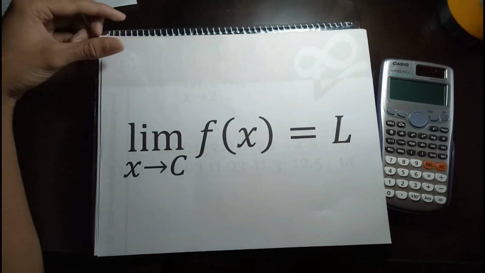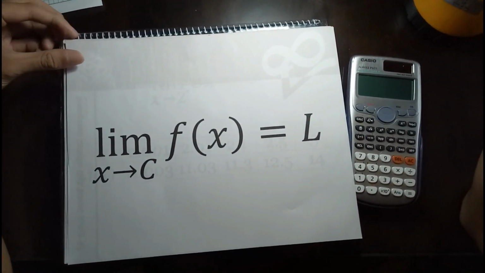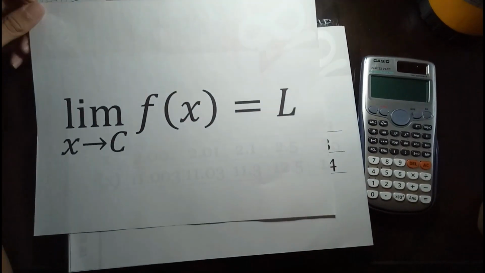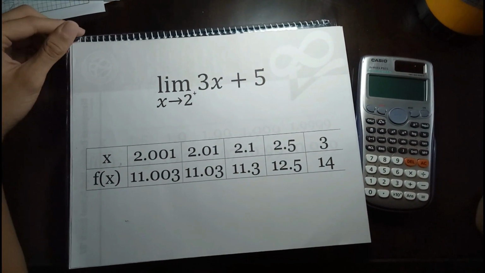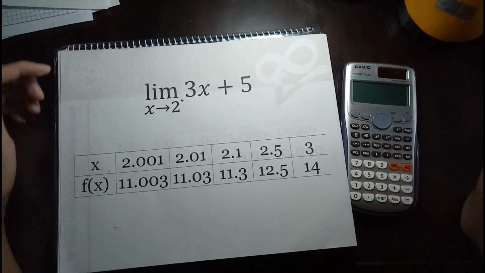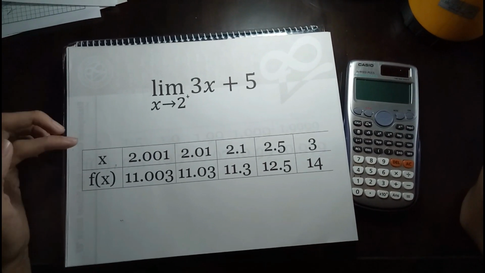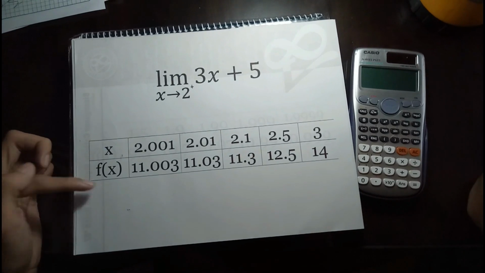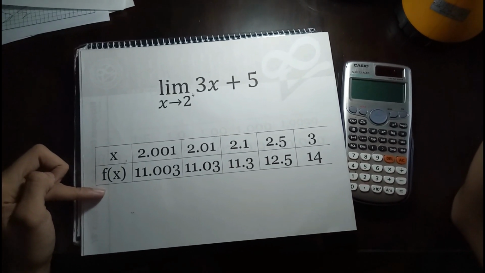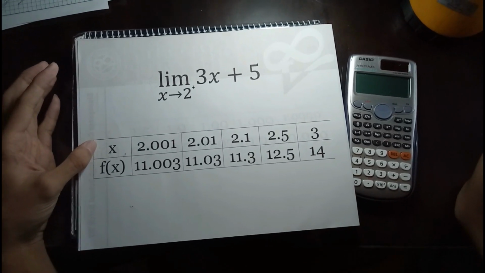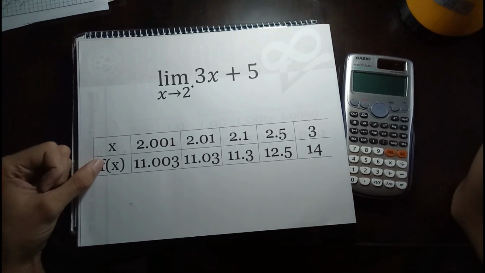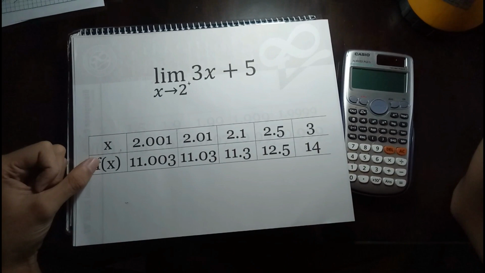So first, we will evaluate limits of function using table of values, and our first example will be the limit of 3x plus 5 as x approaches 2. In the table of values, we will be having a table with x and f of x. x is for the value that you will be substituting on the equation, and f of x is for the answer after substituting the x on the equation.